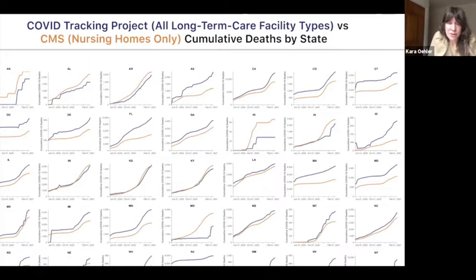And since we know that nursing homes are only a subset of the total long-term care facility COVID cases and deaths, this raises some questions. So this is just something to point out as a thing to potentially look at when looking at this data.